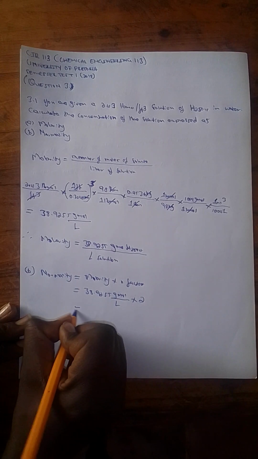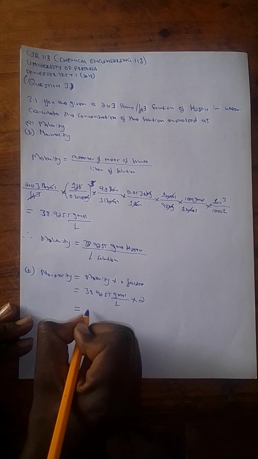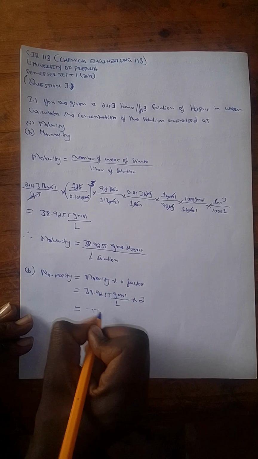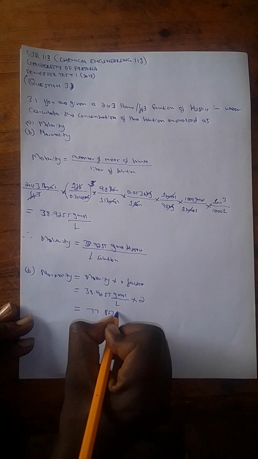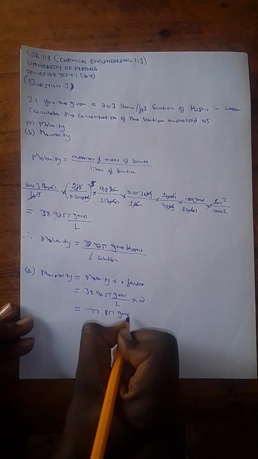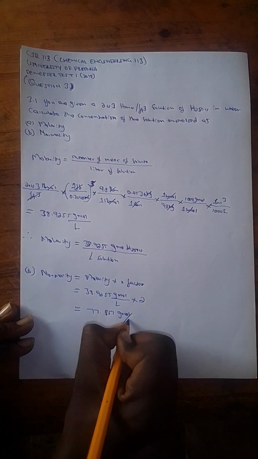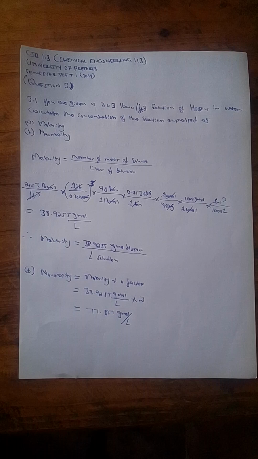If you use your calculator, that gives you 77.851 gram mole per liter solution. So that is basically our normality, and this wraps up our question 3.1 of our 2018 semester test 1 of our CIR 113.